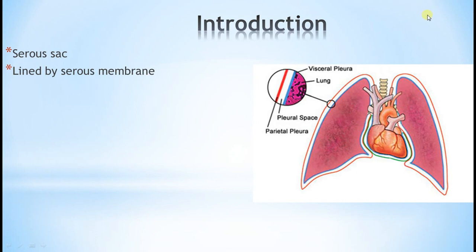The pleural sac as such is present like that, and what you call the pleural cavity is actually this thin space which is present between these two layers. Okay, so this is actually the pleural cavity, and it is filled with the pleural fluid.